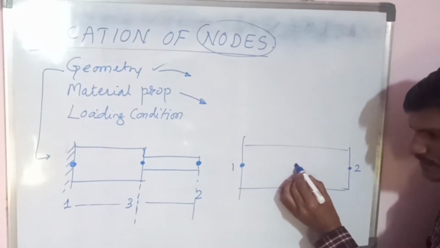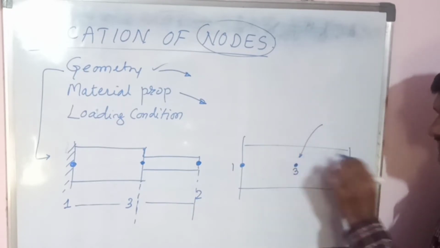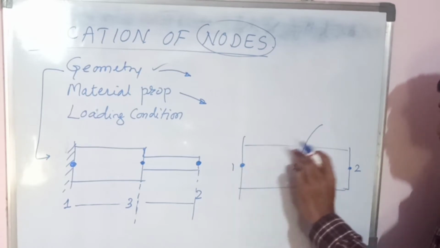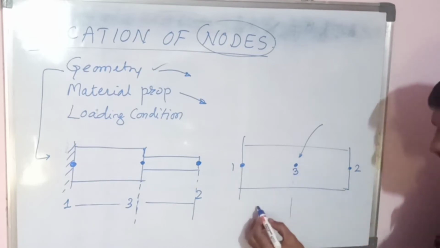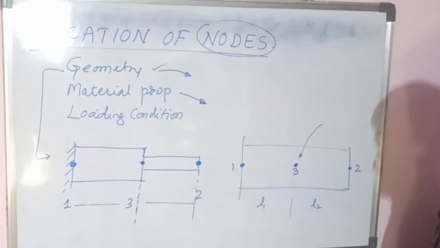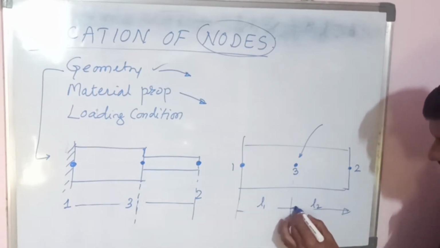If you want to represent another node, it is optional here, because there will be no change in loading conditions and no material changes. So this third one becomes optional. The lengths may be equal or unequal.